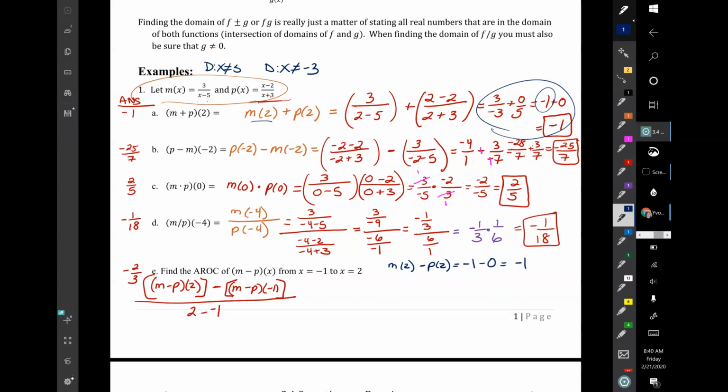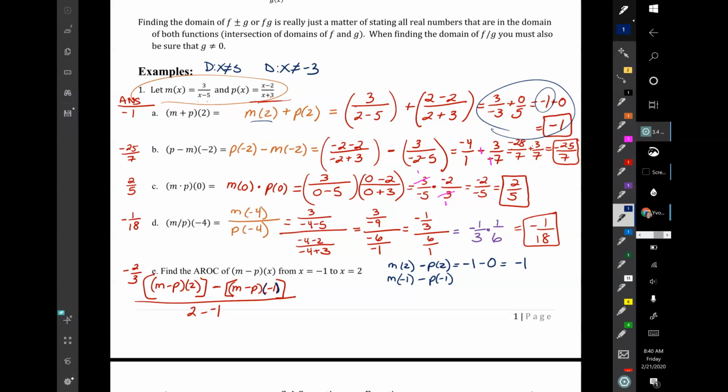Then the second piece is m of, that kind of looks funny, but that's a -1 in there. So m of -1 minus p of -1. And that one I don't believe I've found yet, so I have to crunch all the numbers for that.